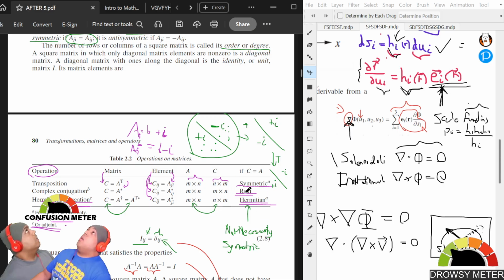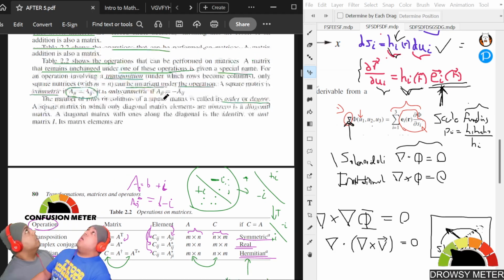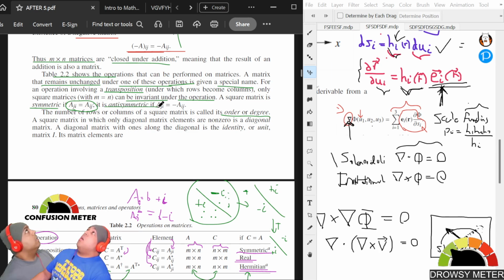Okay. Maybe it's even the opposite, where it is anti-symmetric. This is not equal to this. No, not anti-symmetric. Well, it could be. Because watch. Maybe it is. No. If it was anti-symmetric, that means the real counterpart would have to change sign as well.